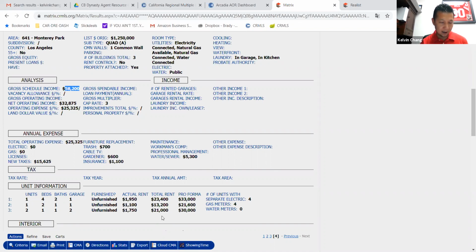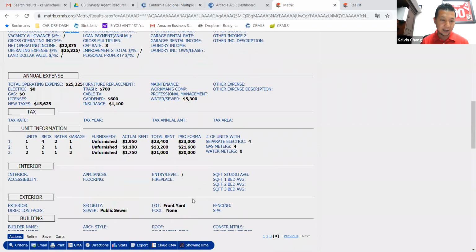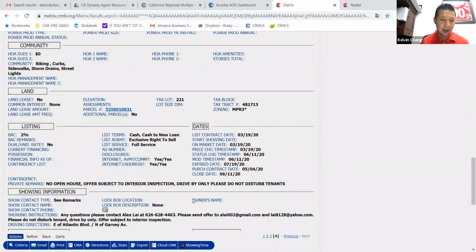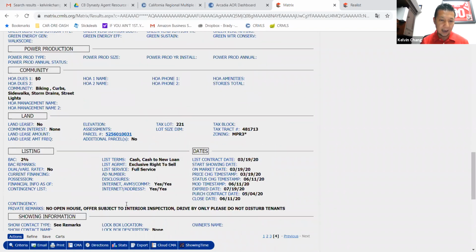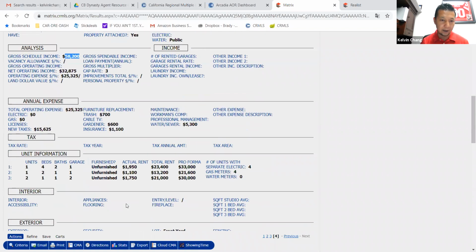This is terrible math, because if you add all of this total rent together, it is not adding up to 78,000. They put in here 58,000. So whoever this agent is, they're not putting out accurate results. It looks like a smaller company, and I don't think they're very experienced.